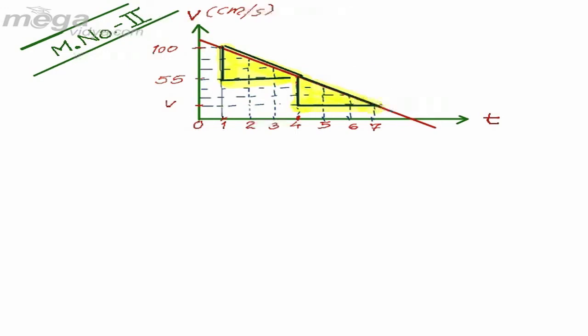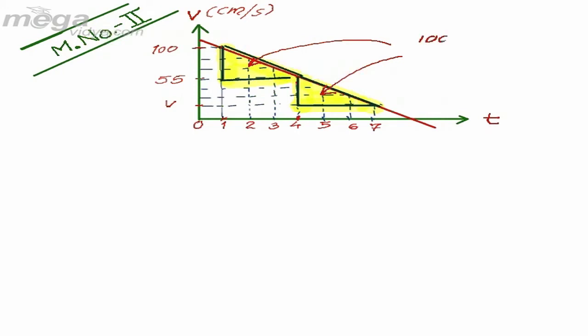As you can see, this side is common for these two triangles. So this side will have similar slope in both the triangles. And if we just use simple trigonometry, perpendicular upon base equal to tan theta, then for these two triangles, we can apply similar triangles property.